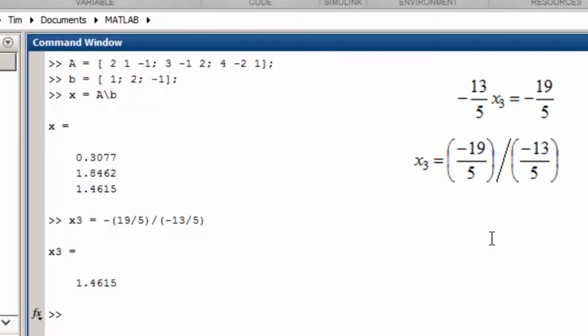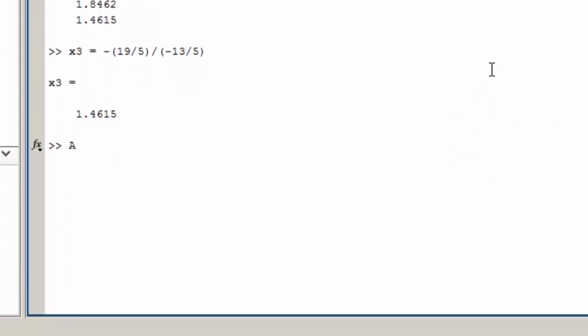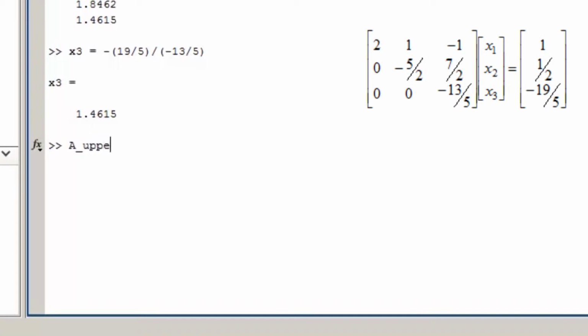I could go ahead and use back substitution to find x1 and x2, but I think I'll just solve the reduced system of equations using the backslash operator. I'll set A_upper equals 2, 1, -1, semicolon, 0, -5 over 2, 7 over 2, semicolon, 0, 0, -13 over 5.